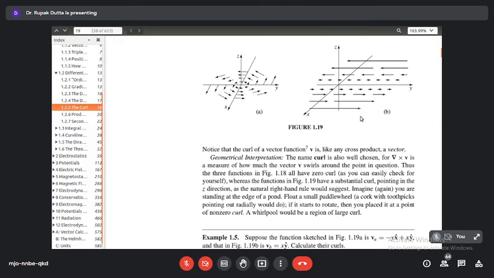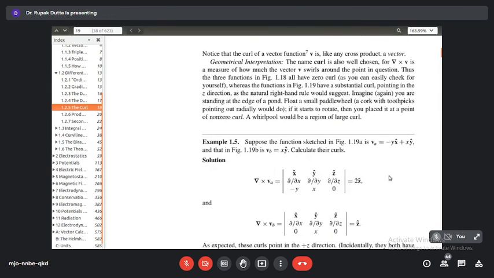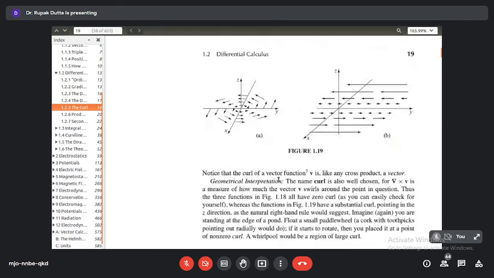Exactly, almost similar. Just looking at these two things, VB and VA are very similar. The only thing is that here y is 0. If you put y equal to 0, VA and VB are exactly the same.